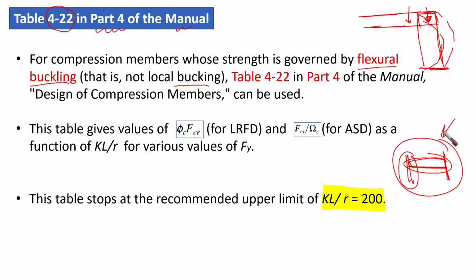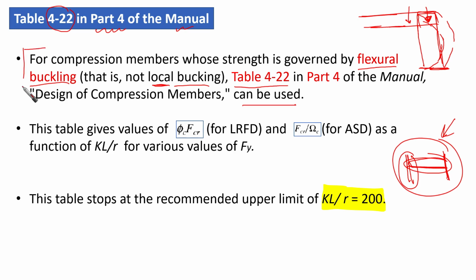So it will have another procedure in order to design this type of members. So we are talking about flexural buckling, that is not local buckling at all. And Table 4-22 in Part 4 of the manual, which is titled Design of Compression Members, can be used in this case.